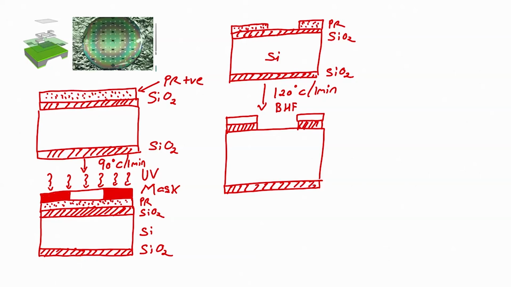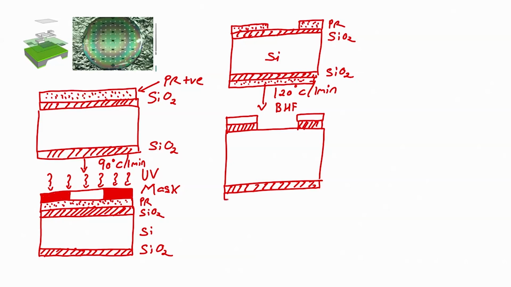Well, what I will do is, after the PR developer and before hard bake, I will spin coat photoresist on the back side also, and then perform hard baking.